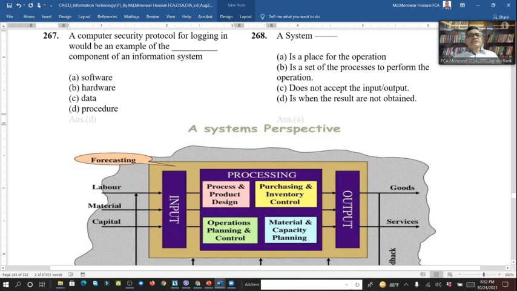A computer security protocol for logging in would be an example of dash component of an information system. Not software, hardware, or data, here it is procedure. That means procedure. The computer security protocol for logging in would be an example of a procedure component of an information system.